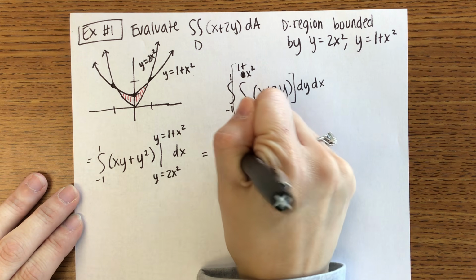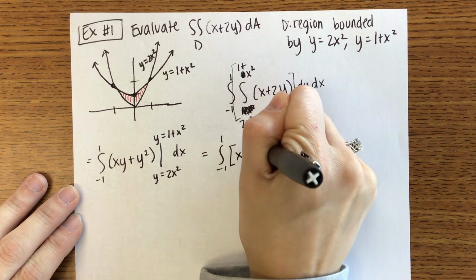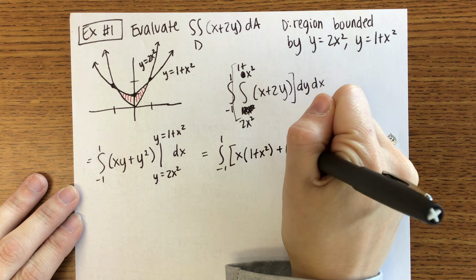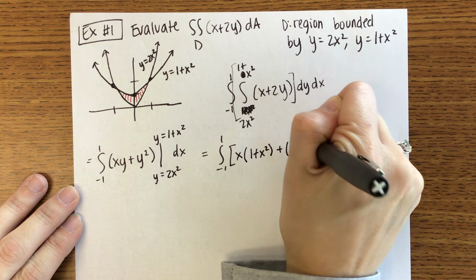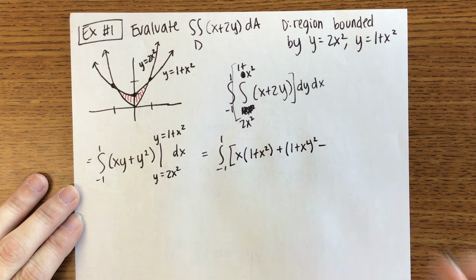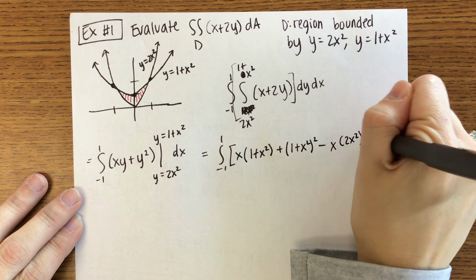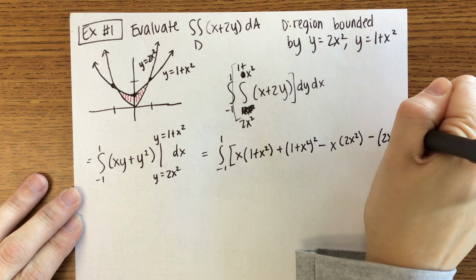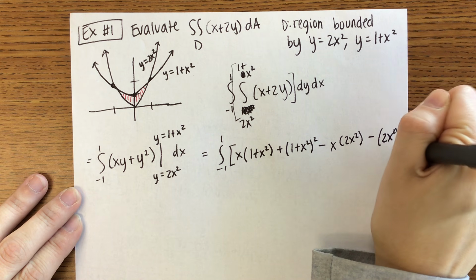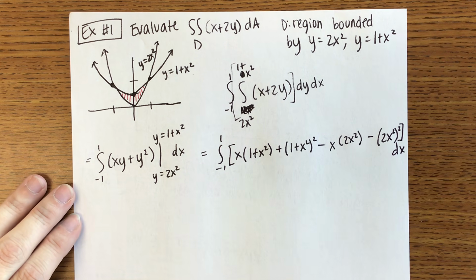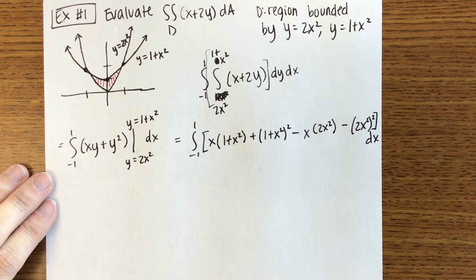So this then becomes x times the quantity 1 plus x squared plus 1 plus x squared minus x times 2x squared minus 2x squared dx. So you guys see how I got all of those?